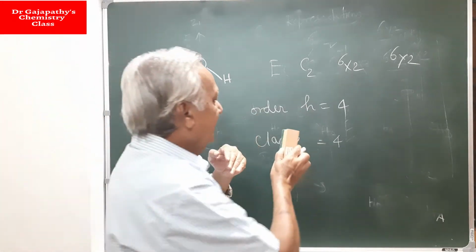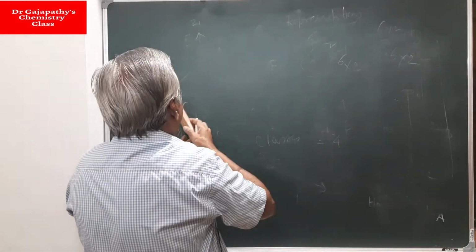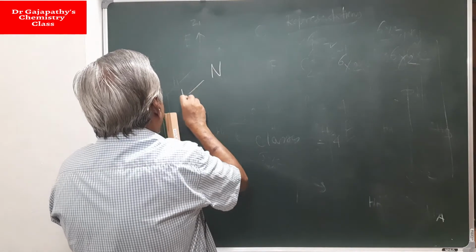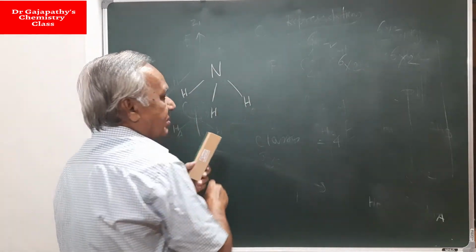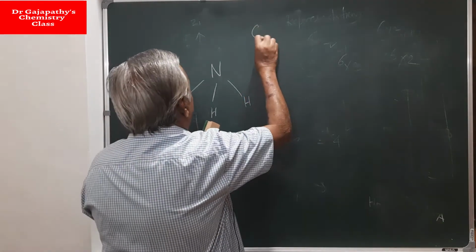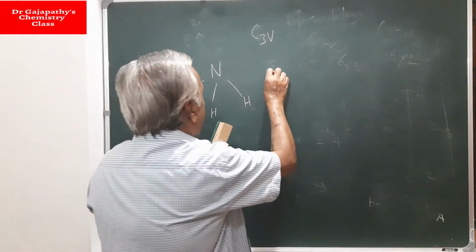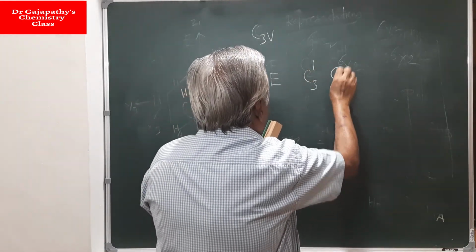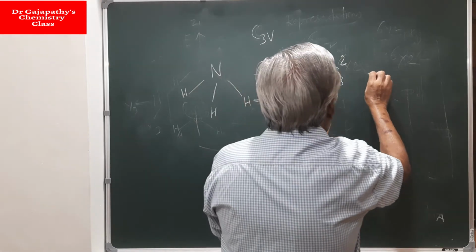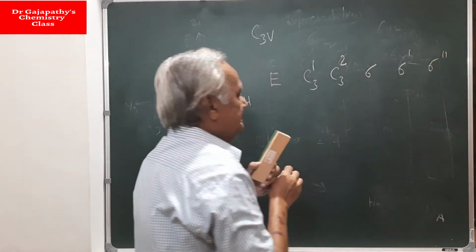Whereas if you consider a molecule like ammonia, which belongs to C3v symmetry, the operations are identity operation, C31, C32, sigma, sigma prime and sigma double prime.